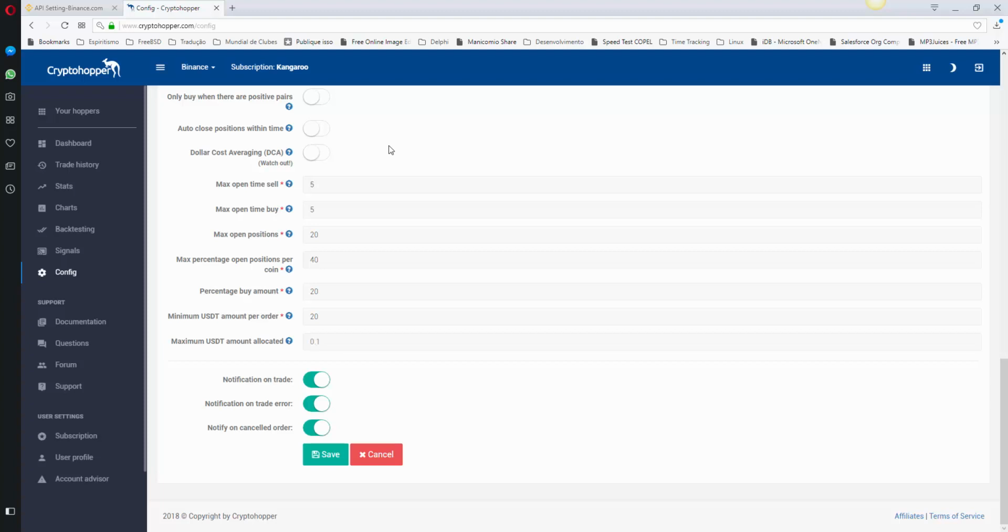That means there is nobody that agrees to buy for the price you are selling, or the reverse. So these options here tell CryptoHopper how long the hopper should keep the order open, pending, before canceling the order and trying again.